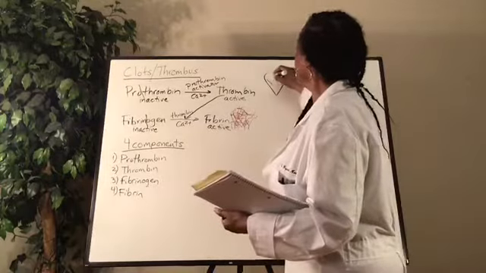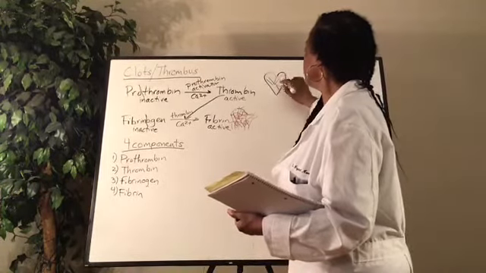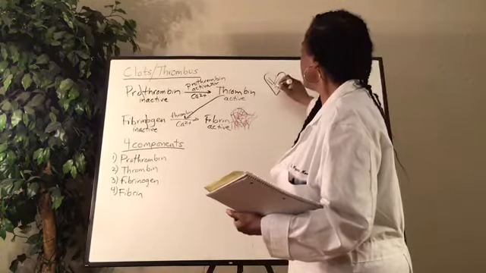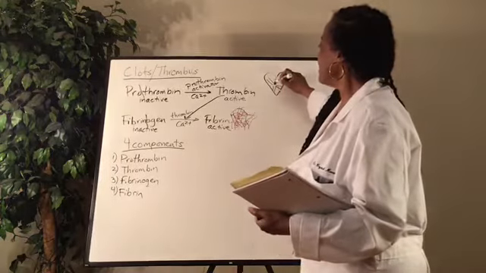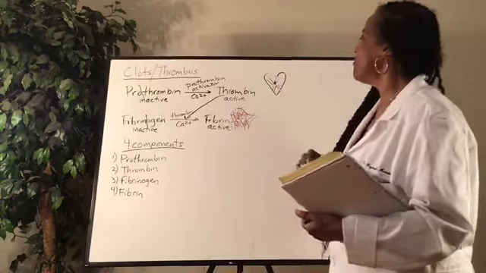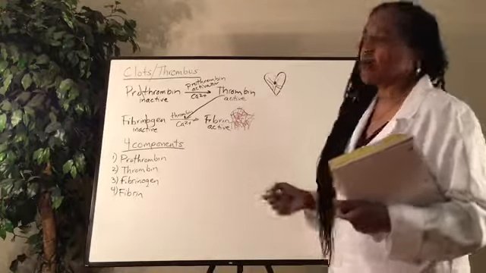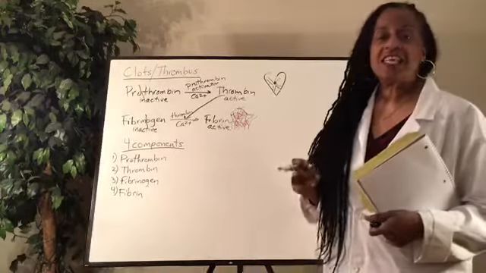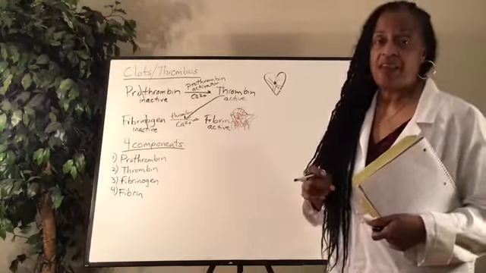And I'm going to draw some arteries in the heart, like this. And I'm going to put a clot. That little ball right there, that little circle, that's a clot. Blood cannot flow. Whenever there's a cessation or a stoppage of blood flow, there's going to be pain.